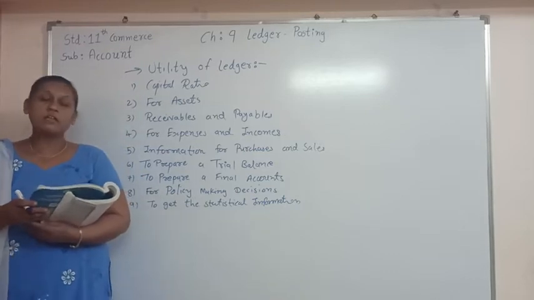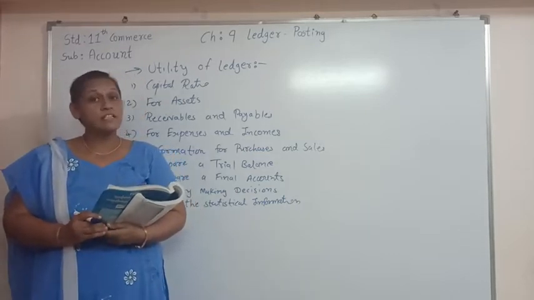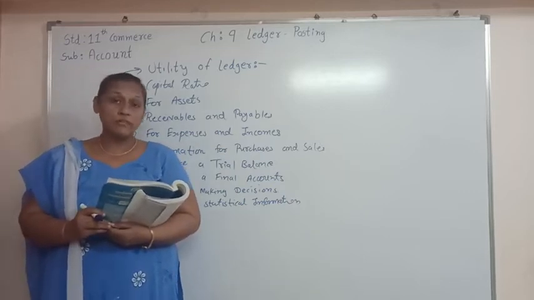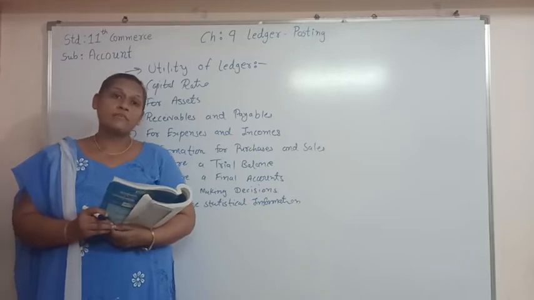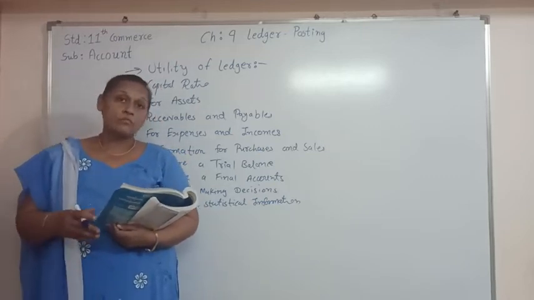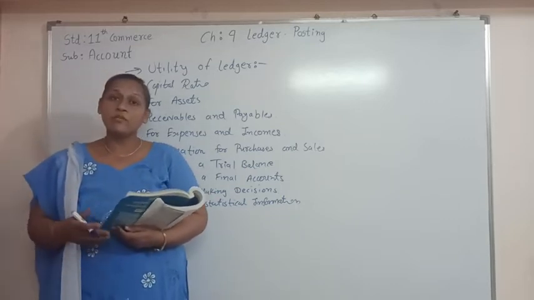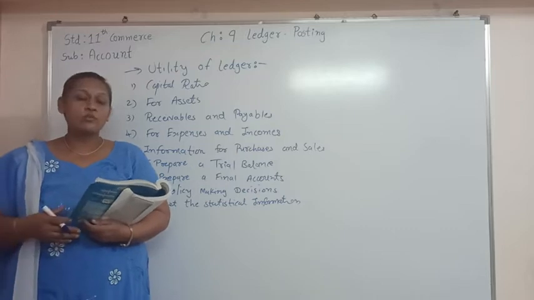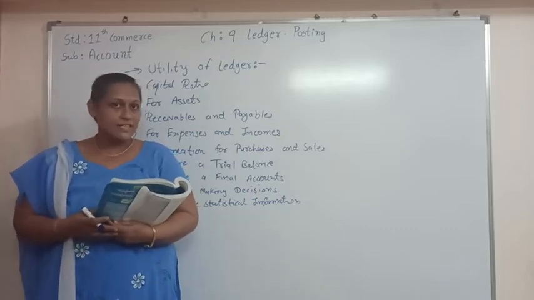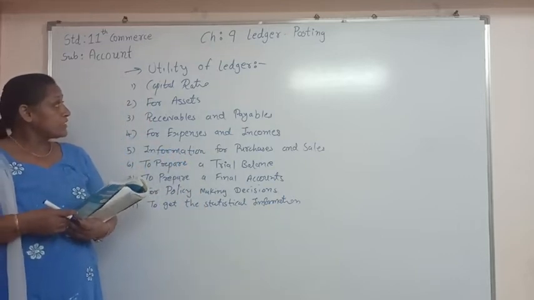From the ledger only we can get the statistical information regarding the accounts of a business, and from that we can analyze the detail of the account and prepare statistical information that will be useful in future to run the business smoothly, or if we want to develop our business, that is also very important. So here is the utility of the ledger.